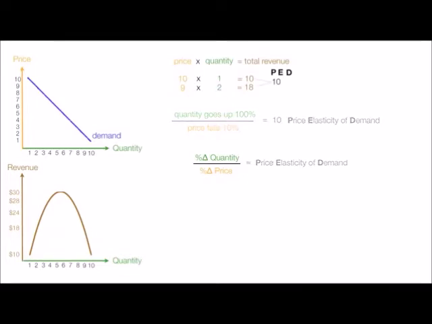If price begins to fall from 9 to 8, we see that price goes down by 11.1%, while quantity increases 50%. So I take the percent change in quantity divided by the percent change in price.